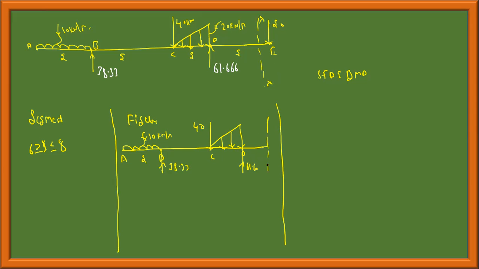This is the section x4. This distance is x. For better understanding here, A, B, C, D, x.